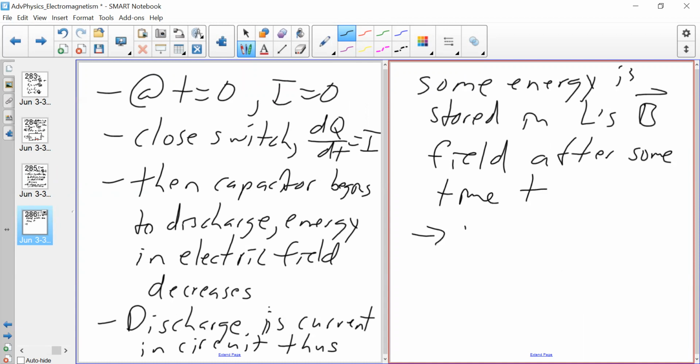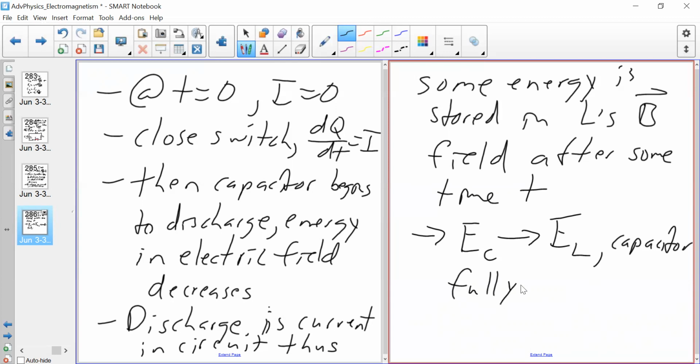So we're going to get an energy exchange from the capacitor to the inductor. Once the capacitor is fully discharged, no Q anymore, all of the energy is in the inductor.